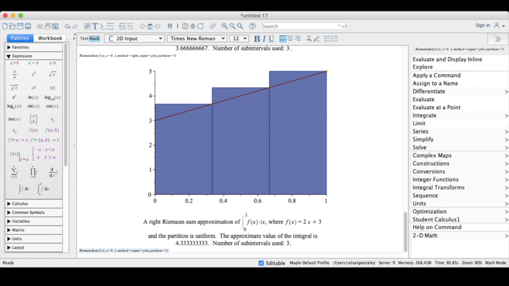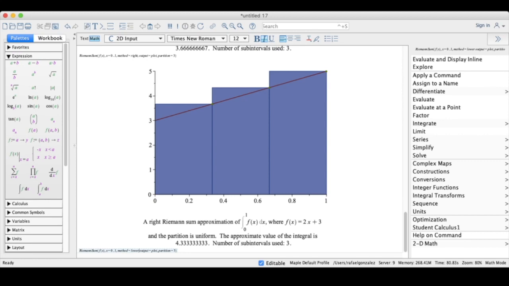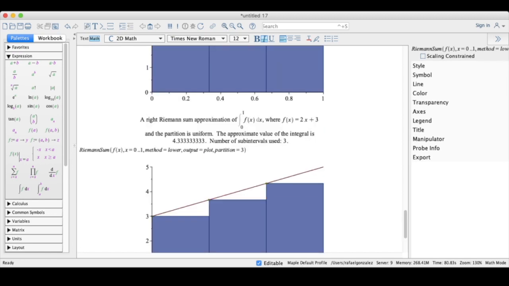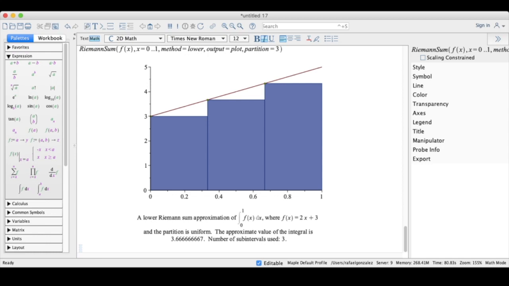So method equals lower. Let's go with the lower first. Let me zoom in so that you can actually see my screen, because I can't even see it now. There we go. That's better for my eyes.